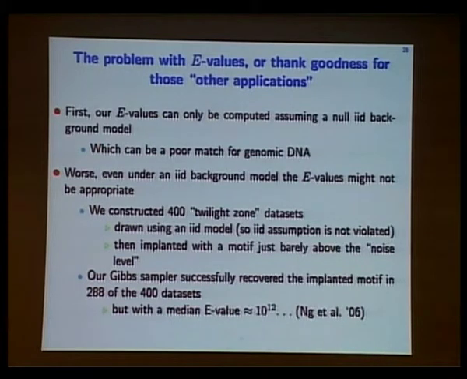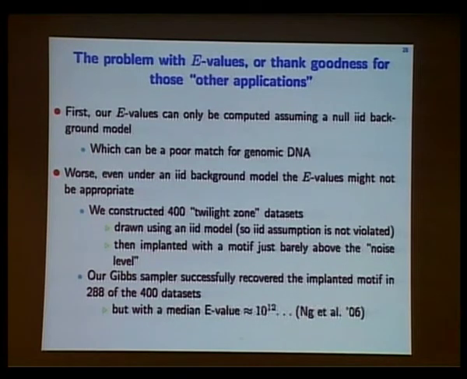I generated it. I controlled everything. The numbers are correct. The first message from this is, e-values are not the right thing to look at in this context, because if the motif finder gives you the right answer and your e-value is 10 to the 12, nobody in their right mind will believe that you found the right thing.